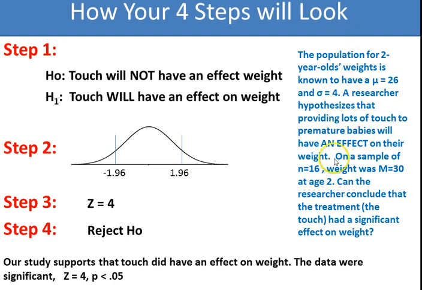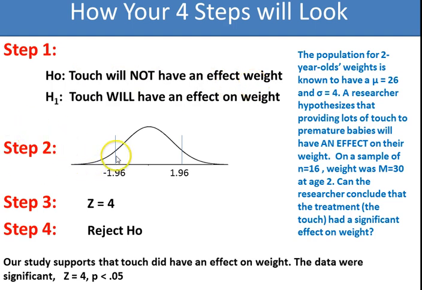So again, if you had this research scenario and you were going to go ahead and carry out the 4 steps, your step 1 would look like this. You would write H0 for the null hypothesis, H1 for the researcher's hypothesis, sometimes called the alternative hypothesis, the scientific hypothesis, and so H1 would be touch will have an effect on weight, and H0, the null hypothesis, would be that touch will not have an effect on weight.